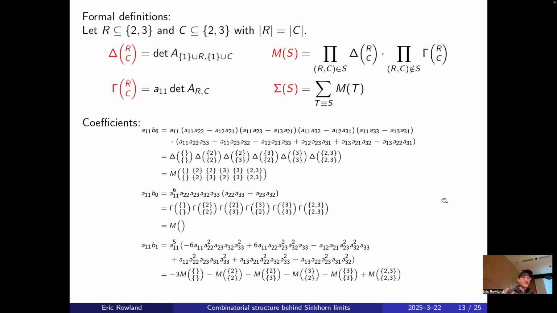So to capture that even more directly, we're going to create an equivalence class of minors that can be turned into each other through row and column specifications, and that's where these sigmas are. So the sigma of S is the sum over all the monomials that we're pretty confident should have the same coefficient.